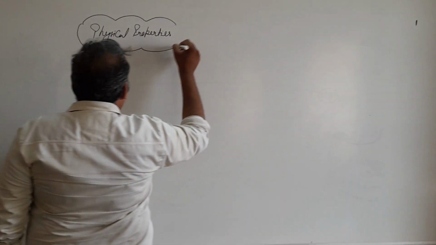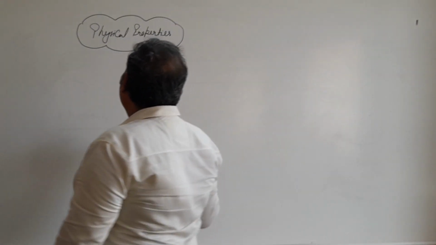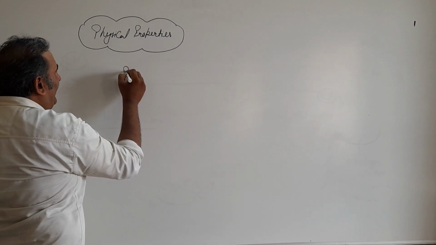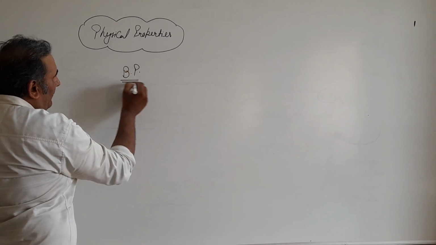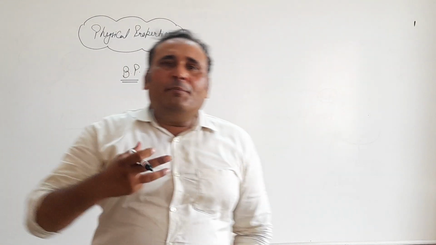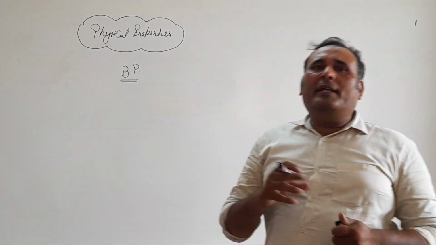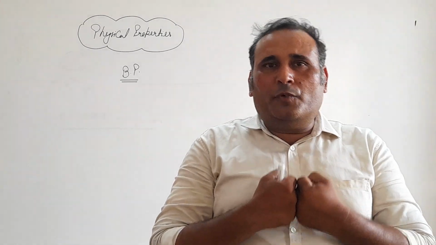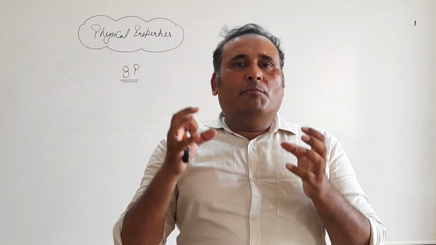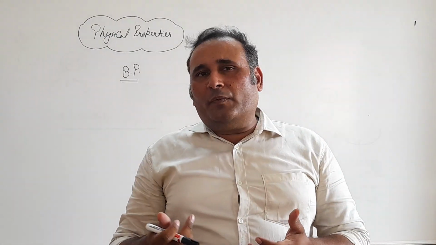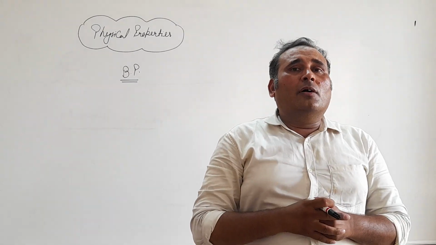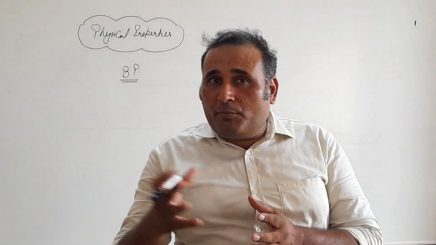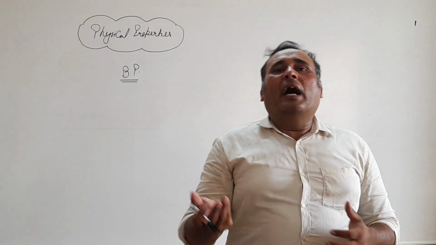Now, physical properties of haloalkane. First of all, we will discuss the boiling point. There is a universal rule that boiling point depends upon the intermolecular force of attraction between the molecules. If the intermolecular force is very strong, for example hydrogen bonding, then the boiling point will be higher.